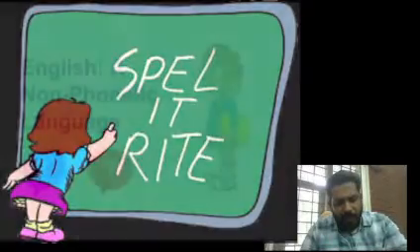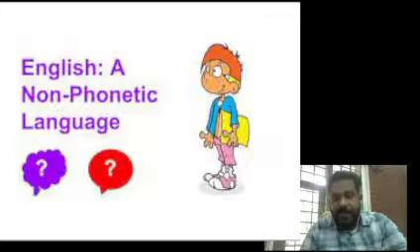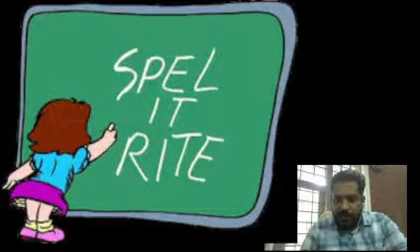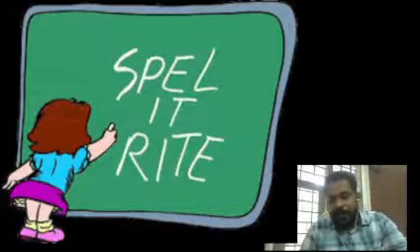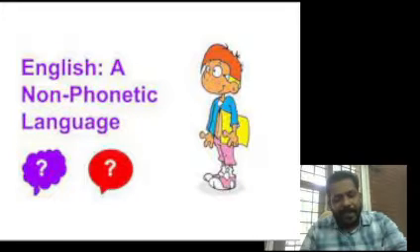We have already discussed three major characteristics of English as an unphonetic language. First, the same letter can represent different sounds. Second, the same sound can be represented using different letters. And third, in English there are many silent letters.